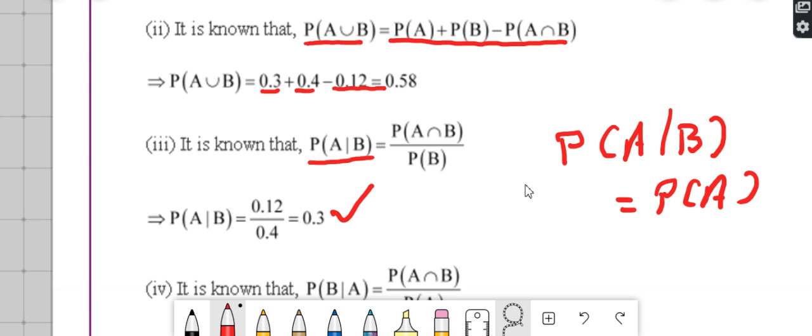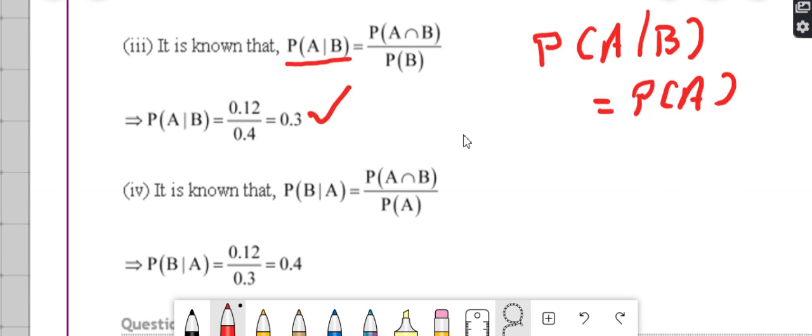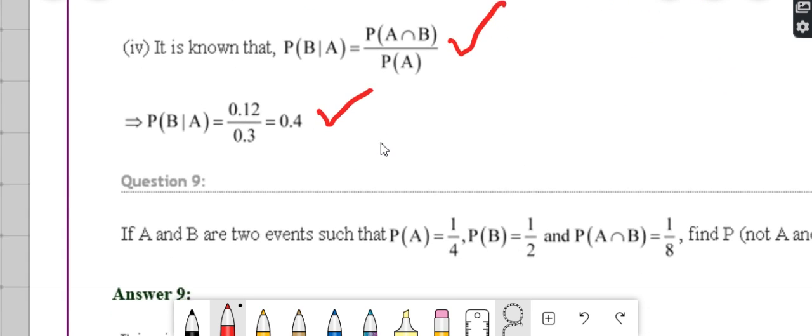Alright, and similarly for P of B given A also, here you will get straight away the answer 0.4. You can use the formula also, but no need, straight away use this result. P of A given B is equal to P of A, because A and B are independent events.